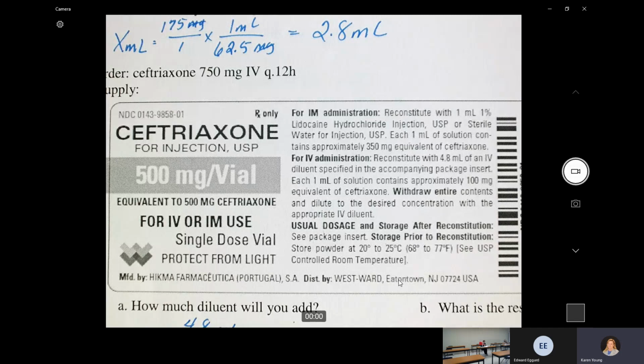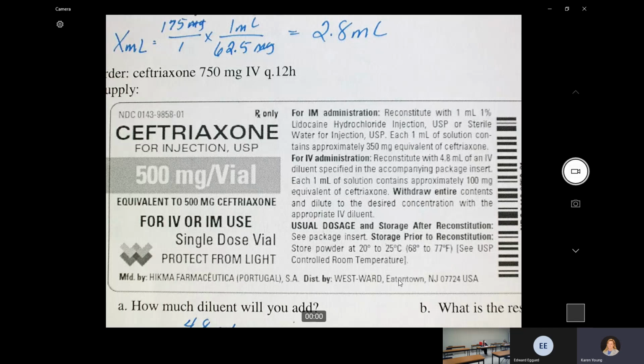Is the supply dose 350 per one or 100 milligrams per one? Okay, which are you giving? Never mind, it's IV. That was a really good question, because I was waiting on somebody to mention that.